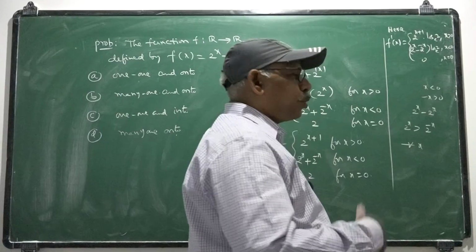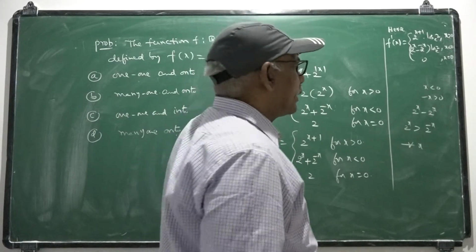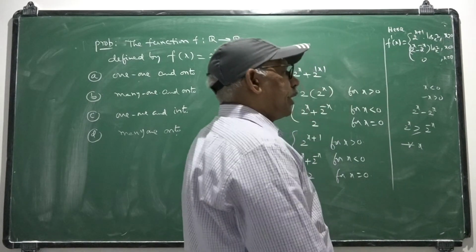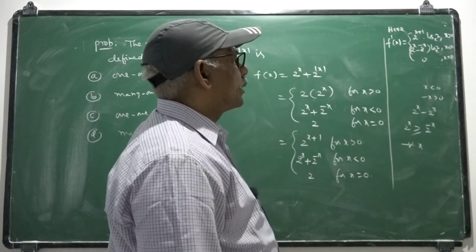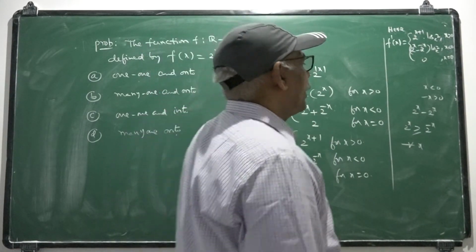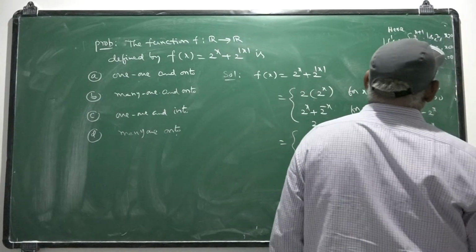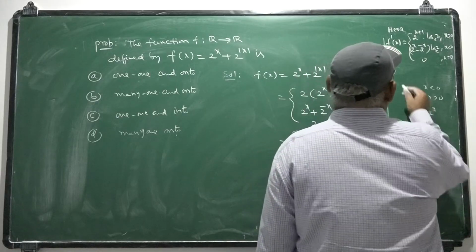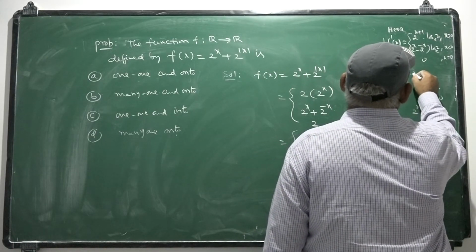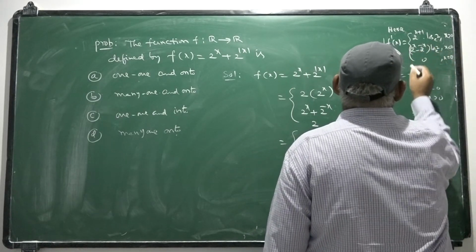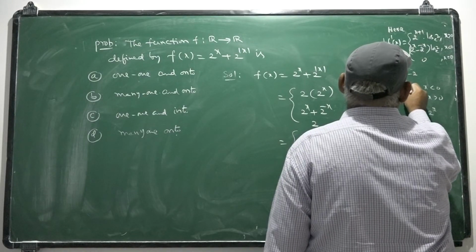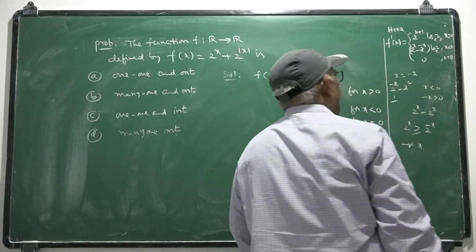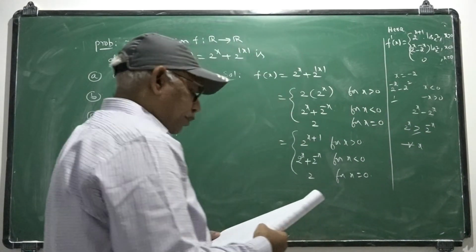Let us take x equal to minus 2: then 2 power minus 2 minus 2 power 2 takes a negative value.